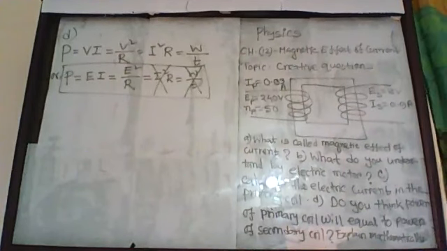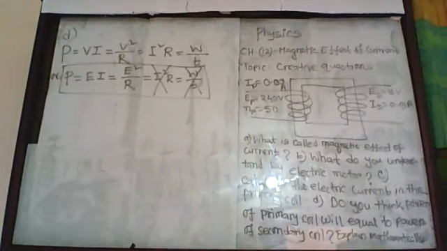Also here, to use the formula E square divided by R, I need the resistance of the primary coil as well as the resistance of the secondary coil. So no, that path is a long journey.